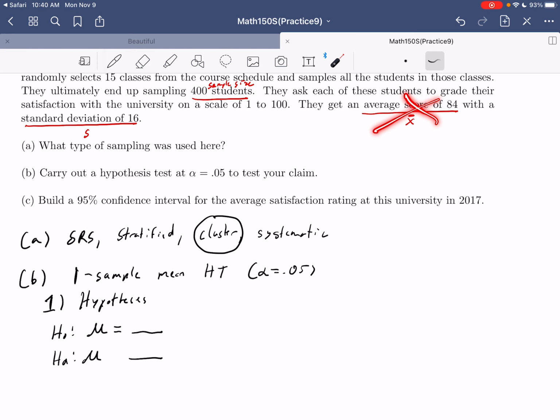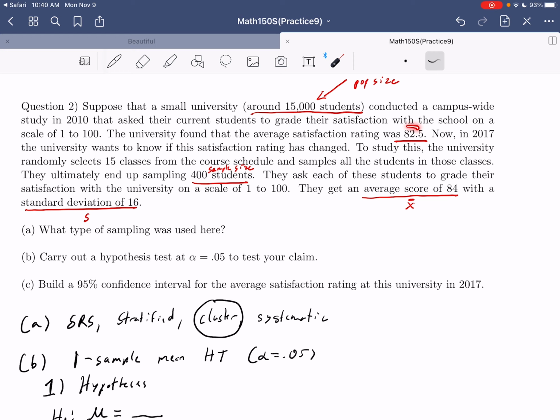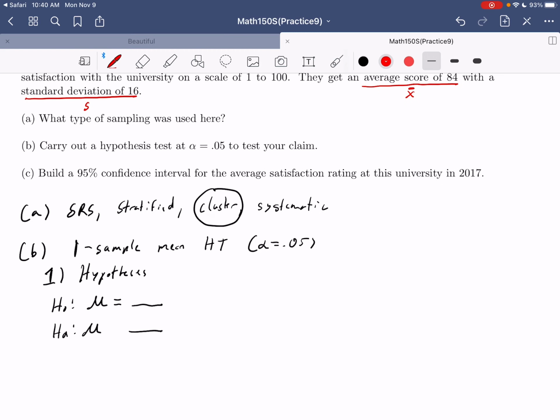Remember, it can't be the average of 84 because that's our data. So there's only one other average specified. That was the average back from 2010, the baseline assumption. So that 82.5, that is your null hypothesis. So we know that this value should be 82.5. In other words, if nothing has changed, we would still say the average satisfaction rating is 82.5.